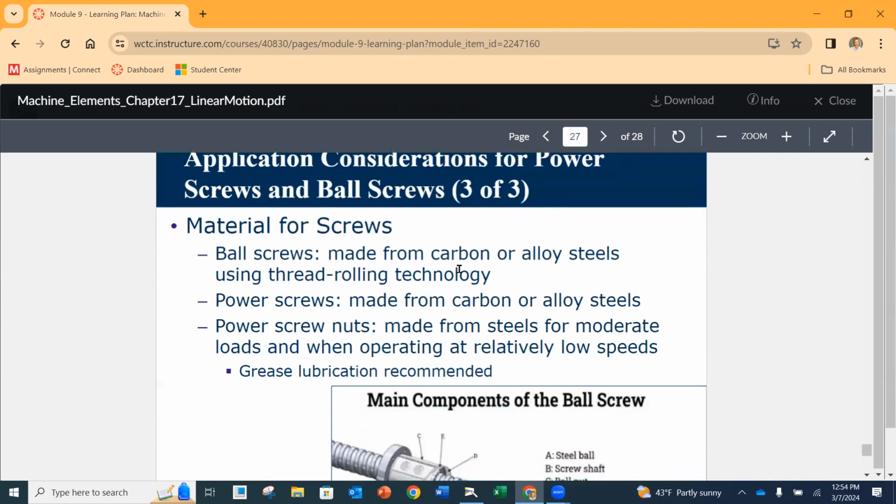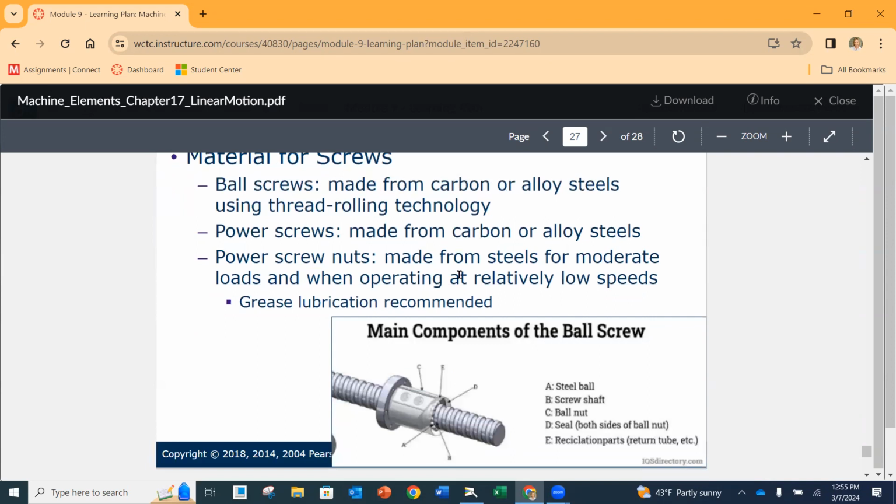And then lastly, the materials of the screw. For a ball screw, the little balls are going to be made out of very high strength materials, so carbon and alloy steels for that rolling technology, and a plethora of things. They can be ceramic, all sorts of things. If you have money to put at it, any material could be put in there.